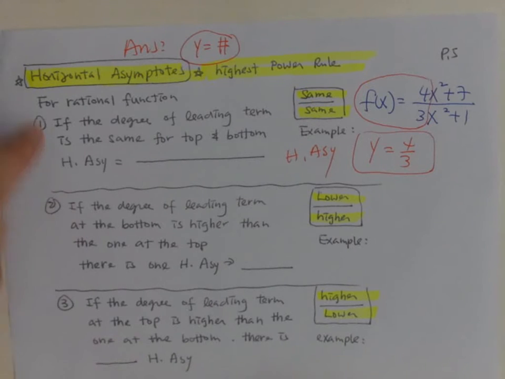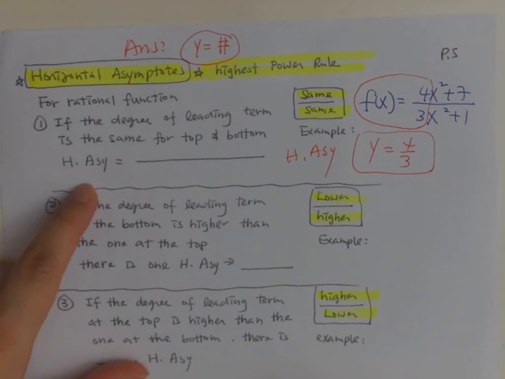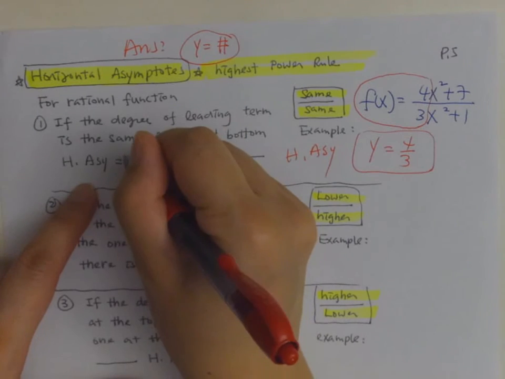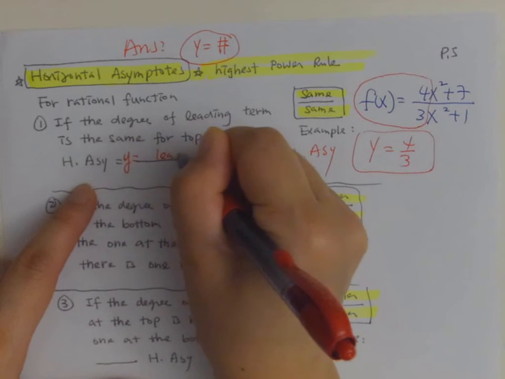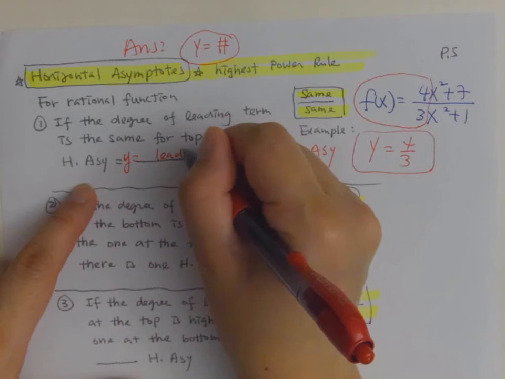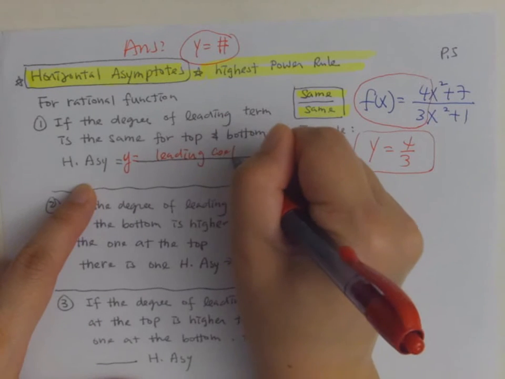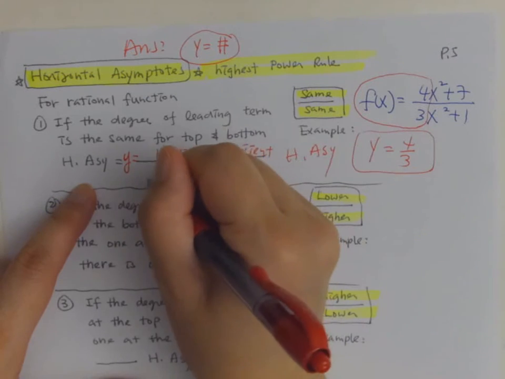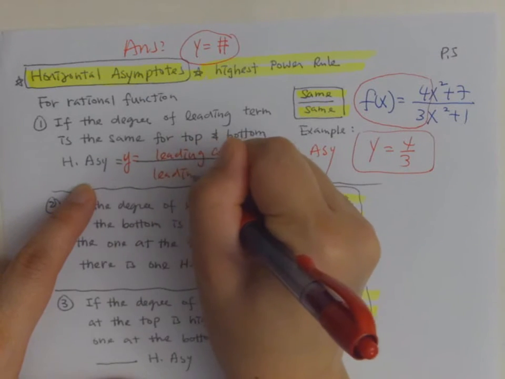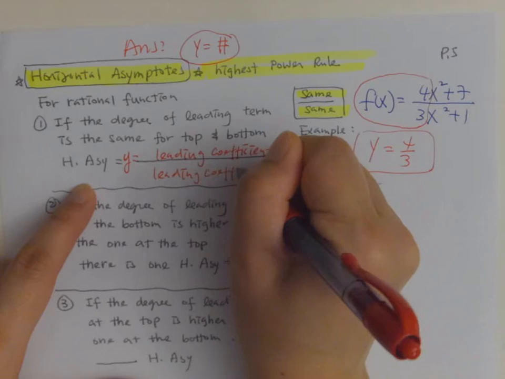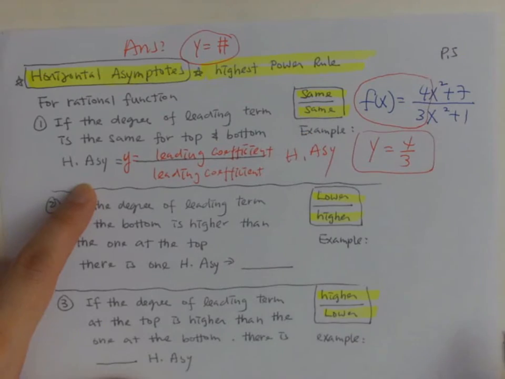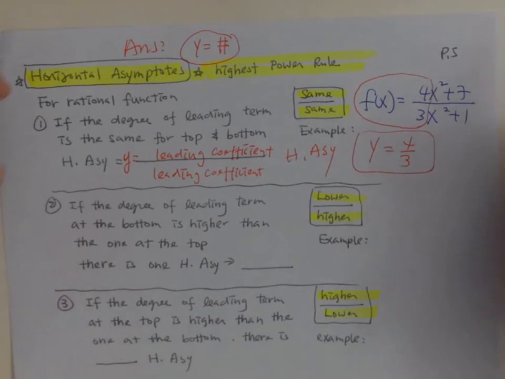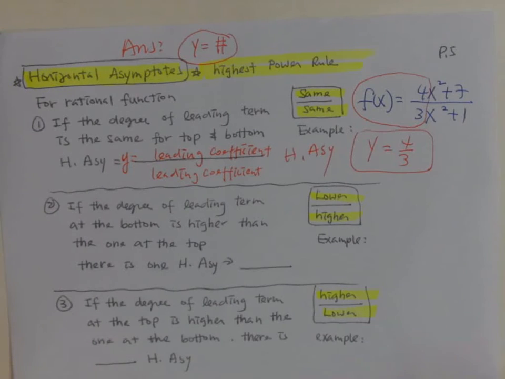We summarize it on the side: if the degree of the leading term is the same on top and bottom, then the horizontal asymptote will be y equal to the leading coefficient on top over the leading coefficient at the bottom.